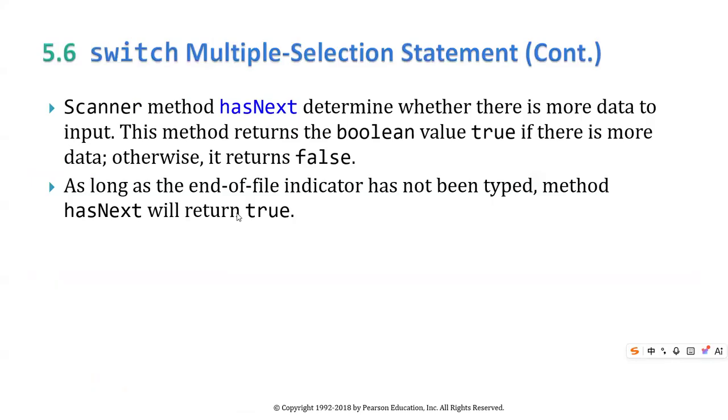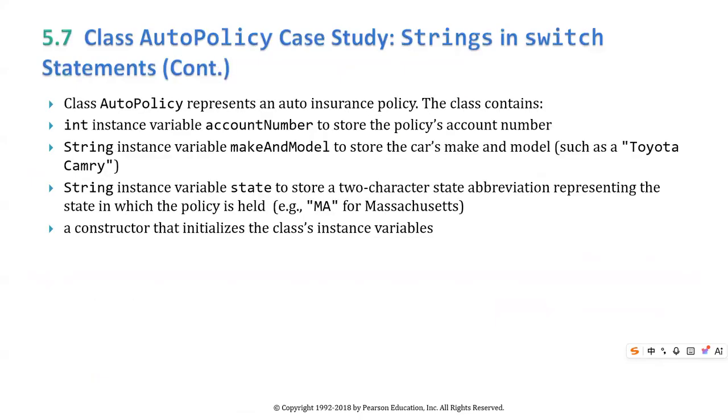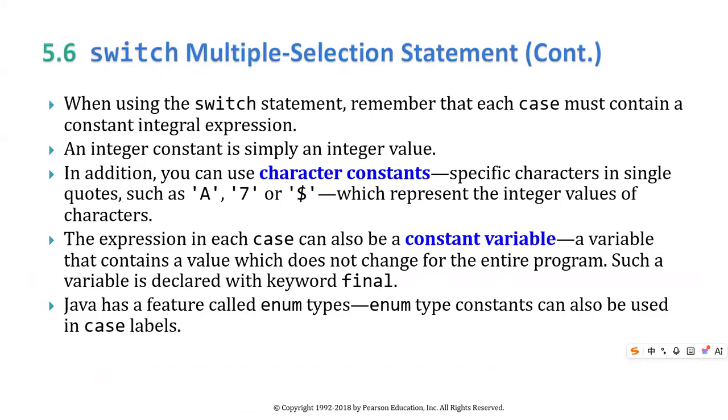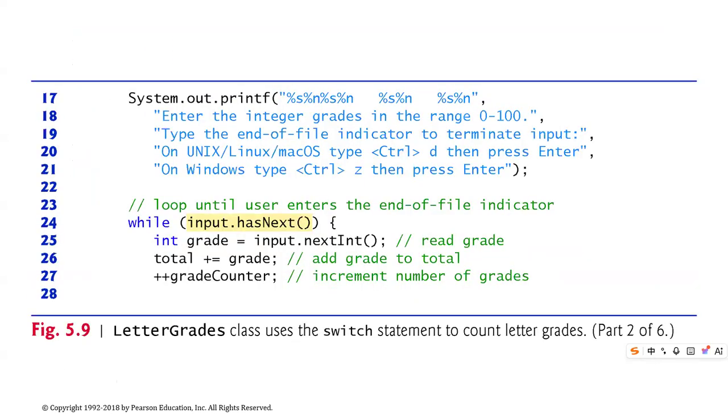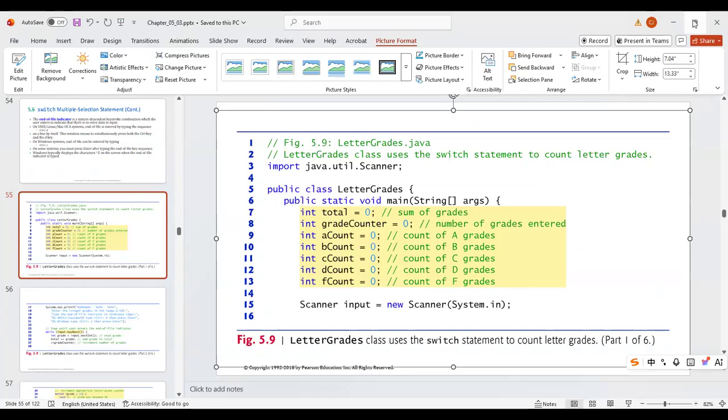And let me check whether I should move forward or... Okay, it's better for me to write this code first because it's a little bit simpler than the following one. Okay, I cannot copy. So in this case, I should write my own code. Okay, let me open my IntelliJ. Oh, sorry.